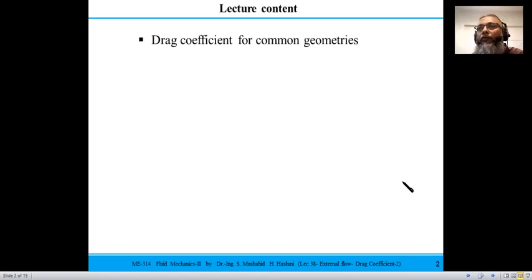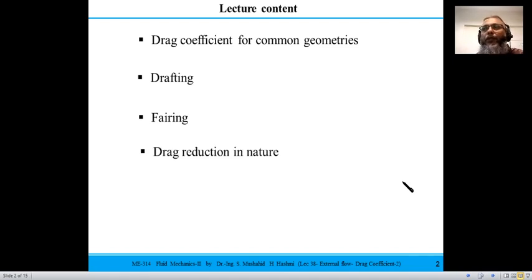So we will look into the drag coefficient for different common geometries. We will look into the concept of drafting, and there is a term called fairing, and the drag reduction that comes into play in nature as we see different birds and insects fly.